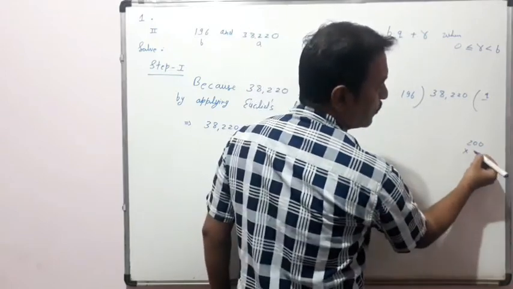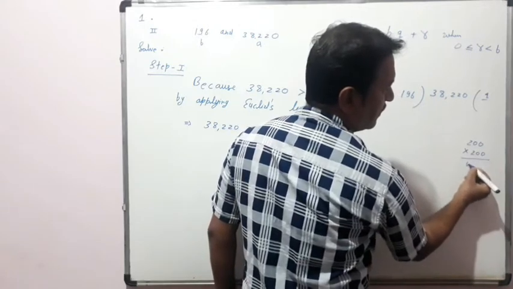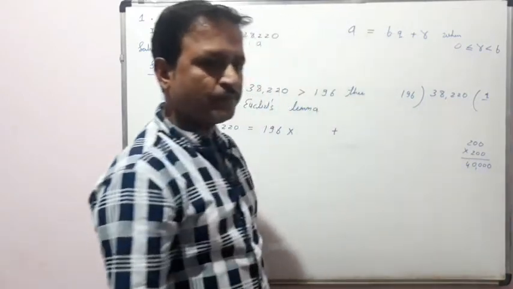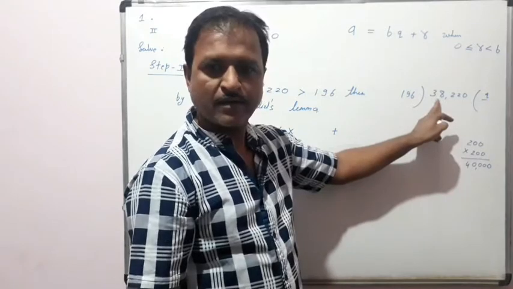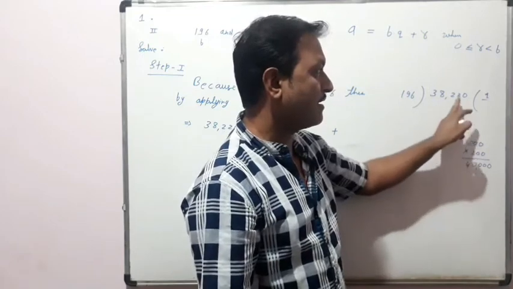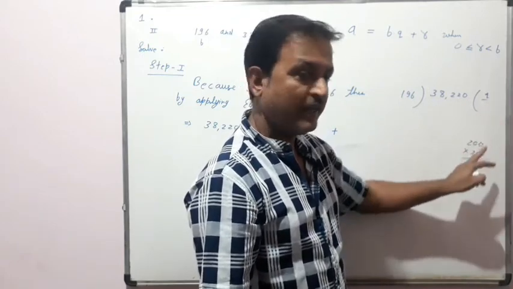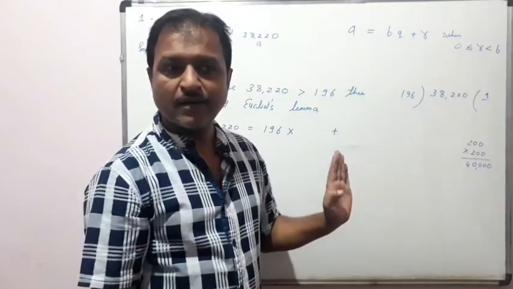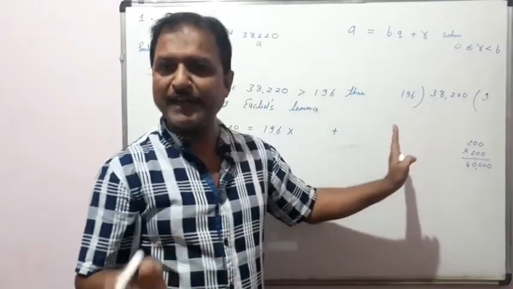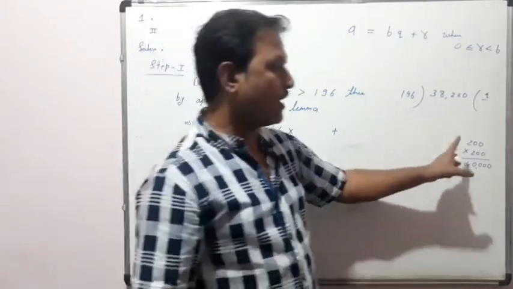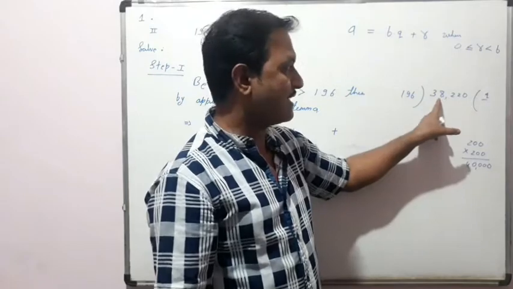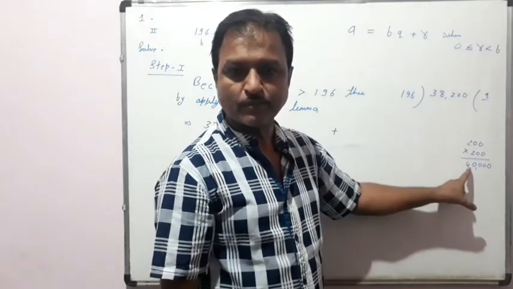So if we multiply 200 by 200, we get 2 2 is 4 and 4 0, that is 40,000, which is more than the given number. That means it is clear that the quotient will be under 200. The quotient we get will be very close to 200, near to 200, but less than 200, because 200 into 200 gives 40,000, which is a bigger number, right?